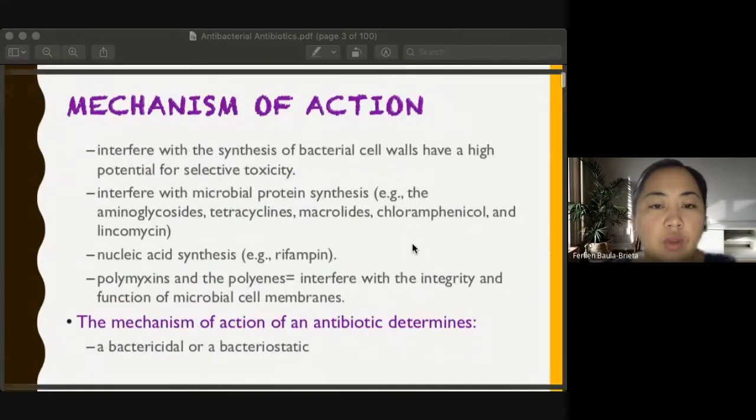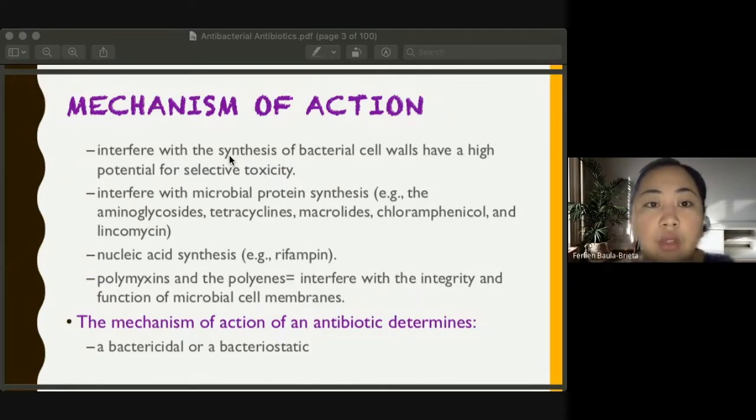Aside from the spectrum of activity, our antibacterials are classified according to their mechanism of action. The first are antibacterials that interfere with the synthesis of bacterial cell walls, and they have high potential for selective toxicity. You can write this on your notes.